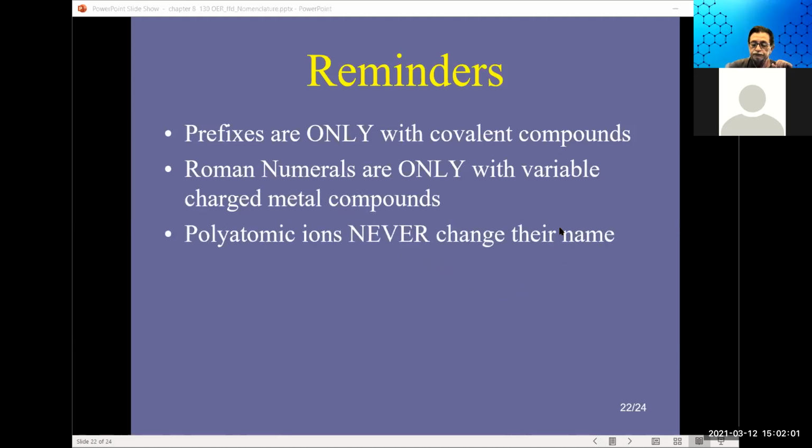With respect to the polyatomic ions that are given in the table, we don't change the name. That is the name for that polyatomic ion. So nitrate is nitrate. We don't name it nitrogen trioxide or anything like that. Just nitrate, nitrite, whatever the case may be.